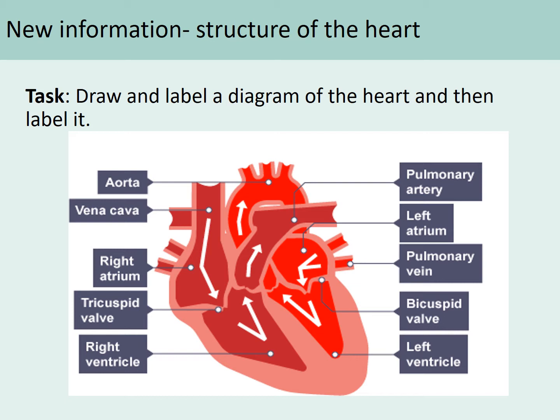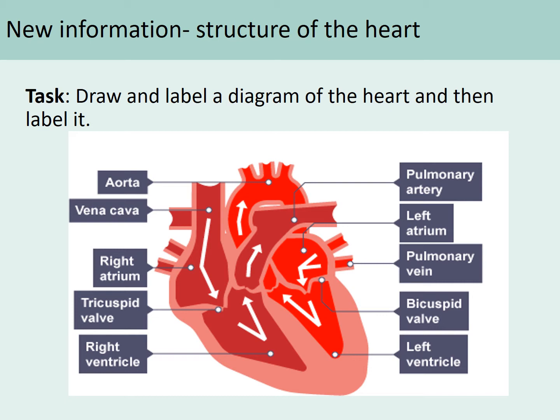But here is a picture of the heart. You can see from the different shades of red that there are 2 sides to the heart. You'll see that there are 4 chambers. You've got the right atrium, the left atrium, the right ventricle, and the left ventricle. Those are the 4 chambers to the heart.